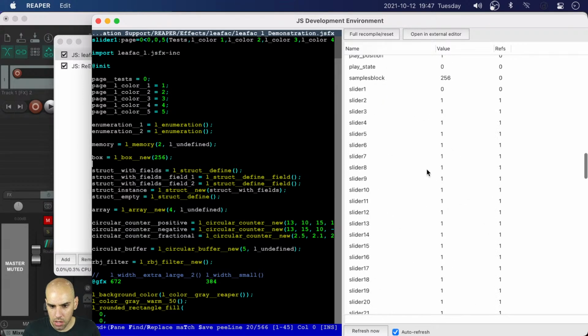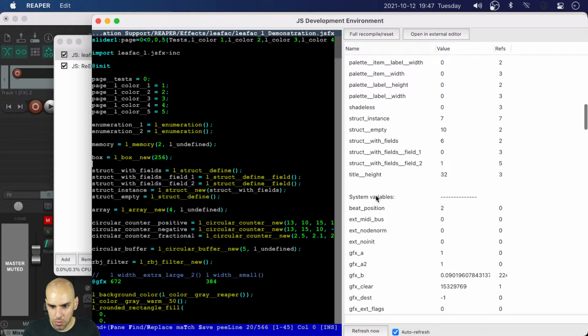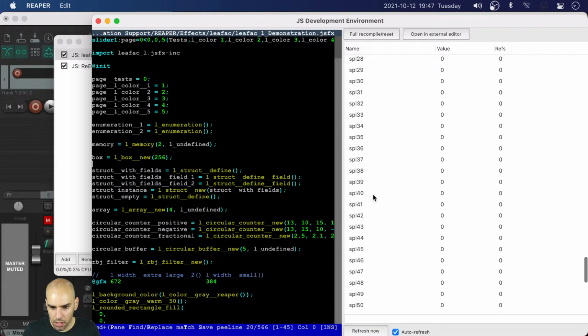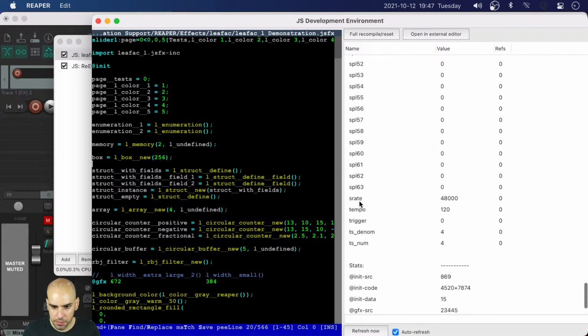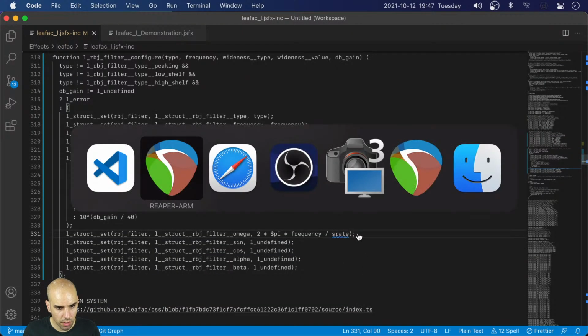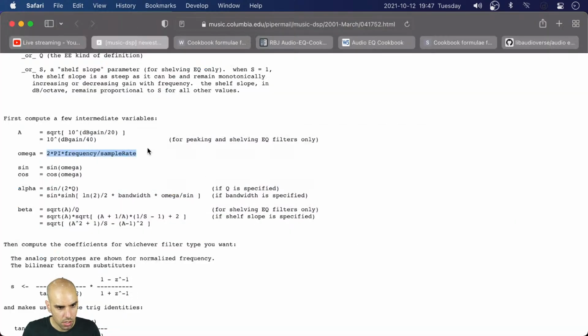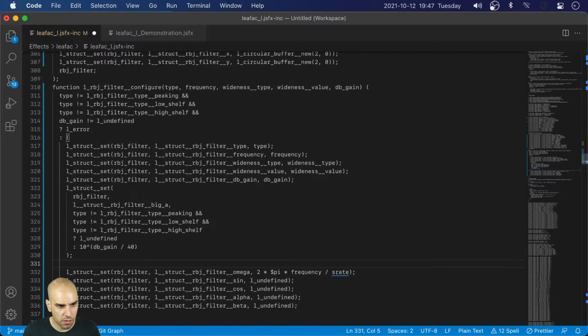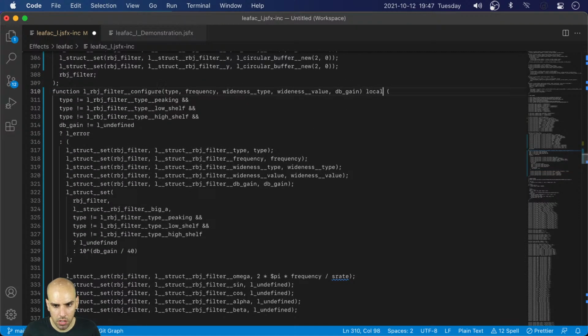It's going to be under the system variables and samples block. srate, 48,000, 48 kilohertz. Then we have sin and cosine, and those are just the sine and cosine of omega. So maybe I will have a local variable called omega.